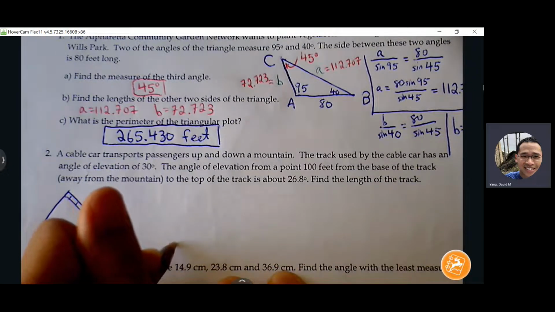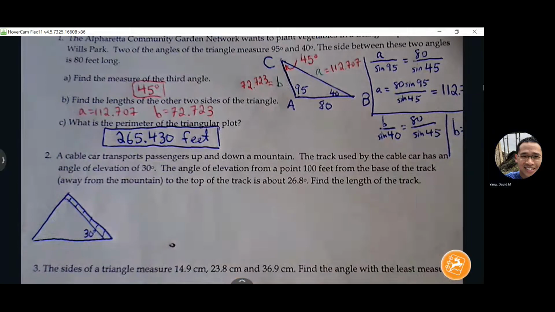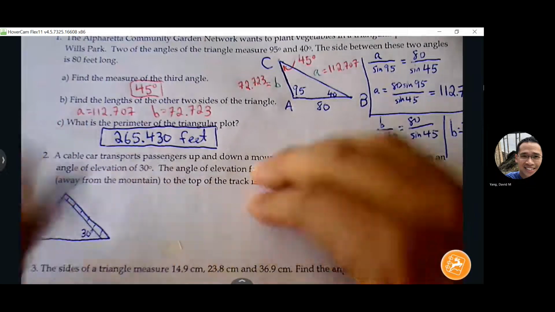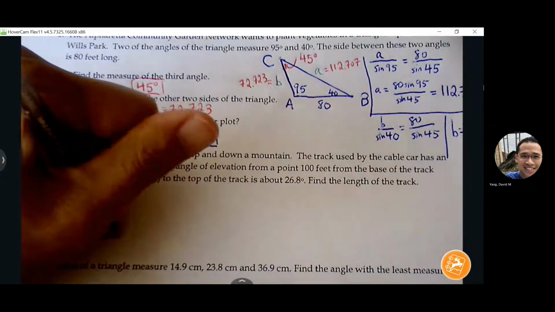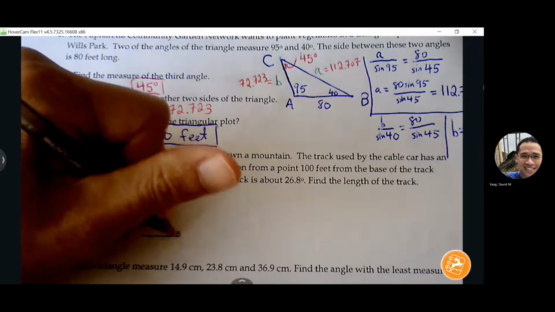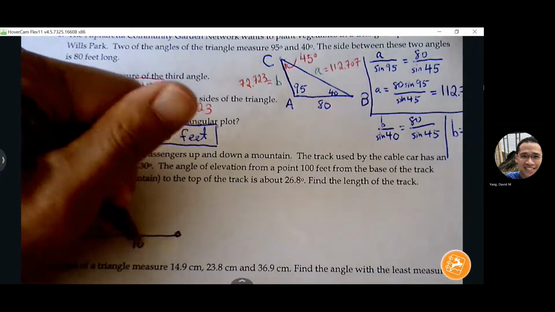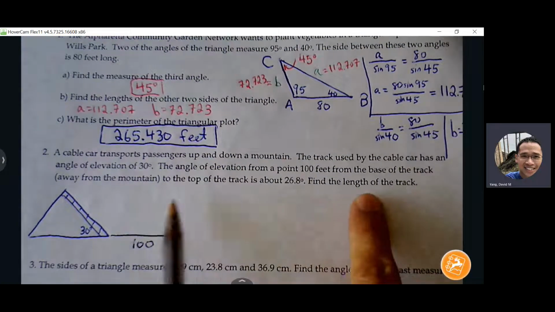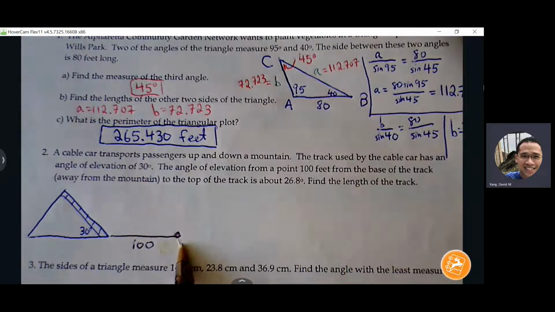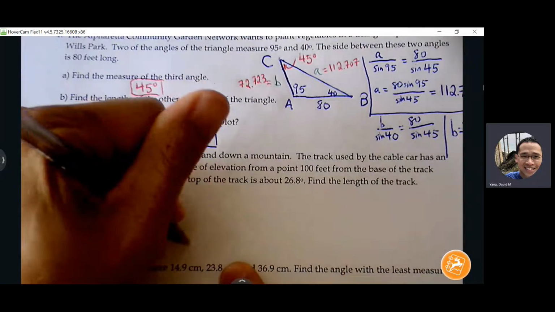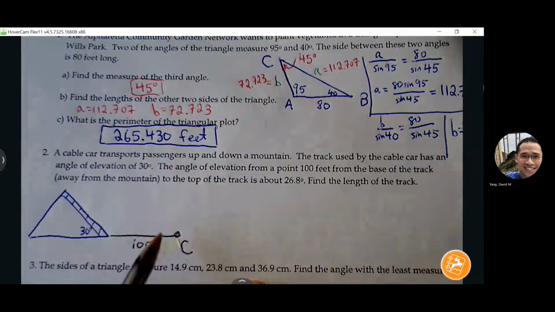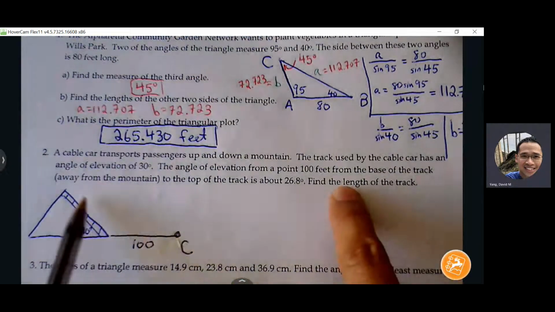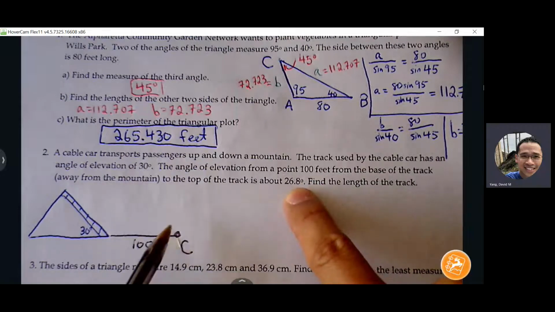So I'll pick a point some distance away. It says the angle of elevation from this point, I'll call this point C, but you can call it anything you want. From this point to the top of the mountain, the angle of elevation from this point is 26.8.